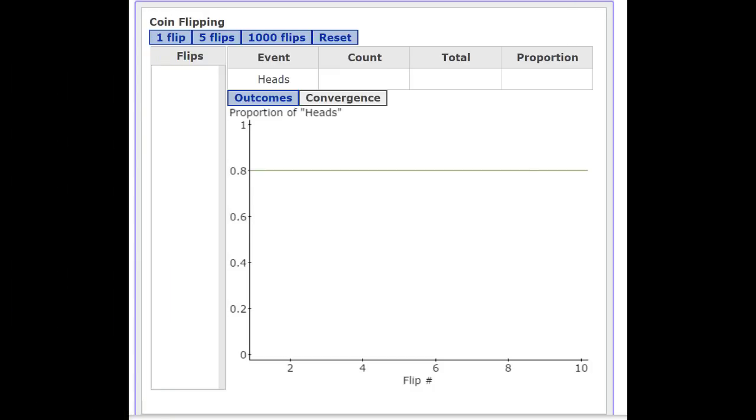Okay, so let's take a look at this coin flipping app one more time, but this time through the lens of empirical probability. So let's say that you are given a coin, and perhaps you begin with the intuitive thinking that it's a fair coin and that there's a 50% chance that you flip it and get heads, and a 50% chance that you get tails, except that this is a trick coin.